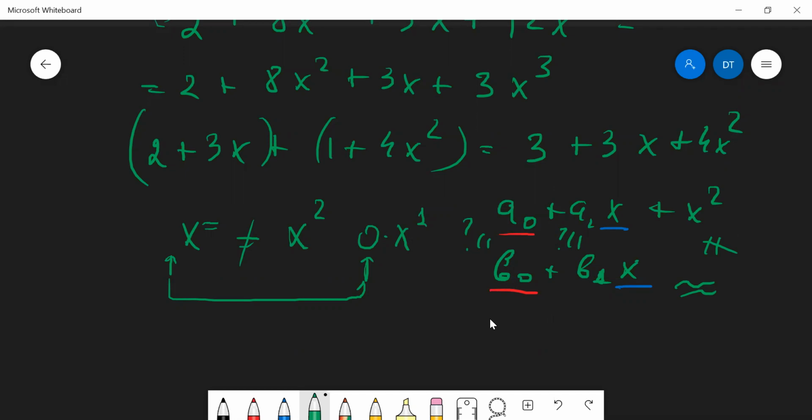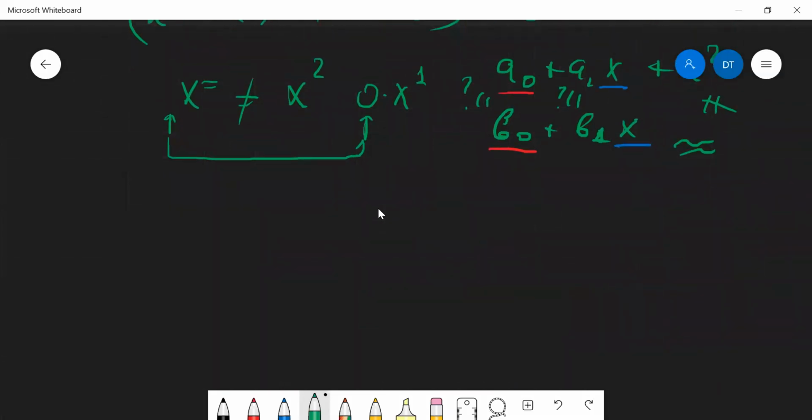So just use coefficients to compare polynomials. Are there any questions regarding the comparison of polynomials? Yeah, thanks.